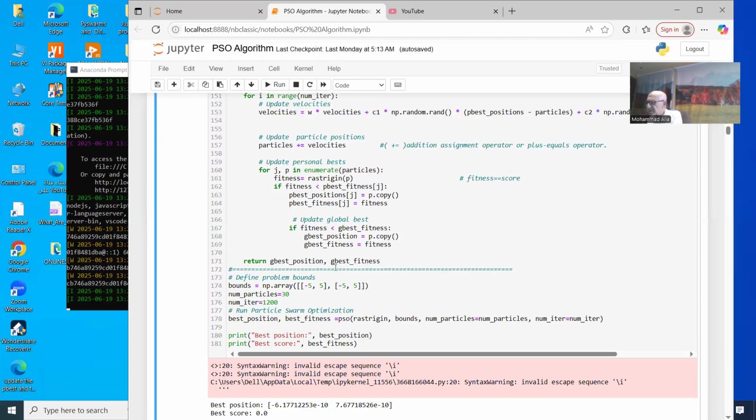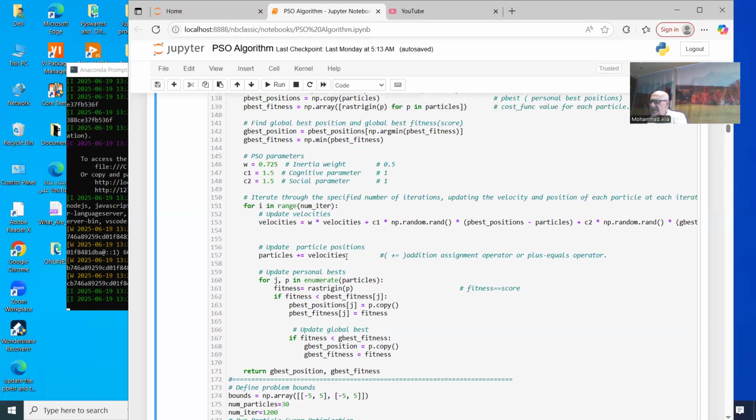Global best fitness means the optimum minimum value. Some people call it fitness, some people call it the cost. It is the same. So global best fitness means the optimum minimum achieved by the algorithm for the given function. And the global best position is the coordinates, x and y, where we get the global best fitness or global best score.